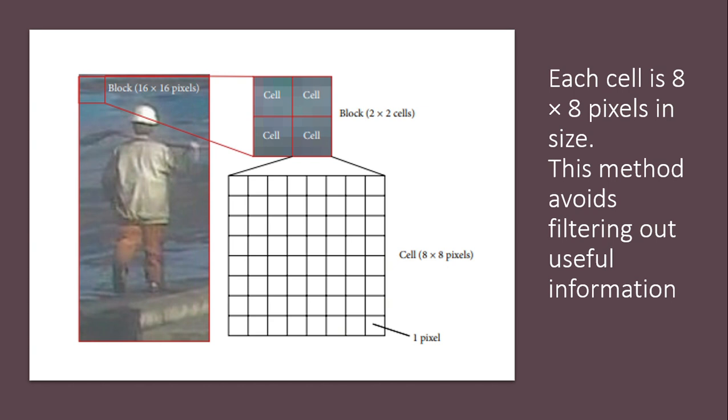We can use 2 by 2, 4 by 4, and we use 8 by 8 because this method avoids filtering out useful information. We are going to detect but keep the useful or linked information from the original picture. That's why we are just going to take blocks. We can take 16 by 16, 20 by 20, but in this paper we use 8 by 8 pixels.